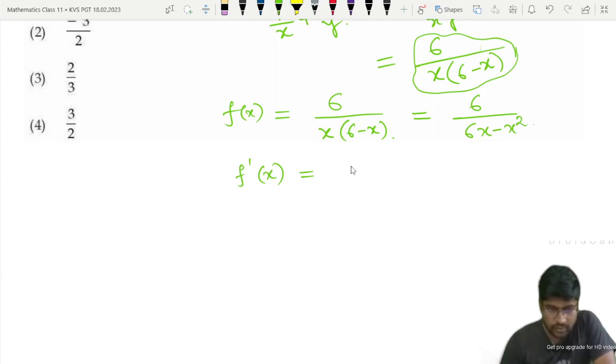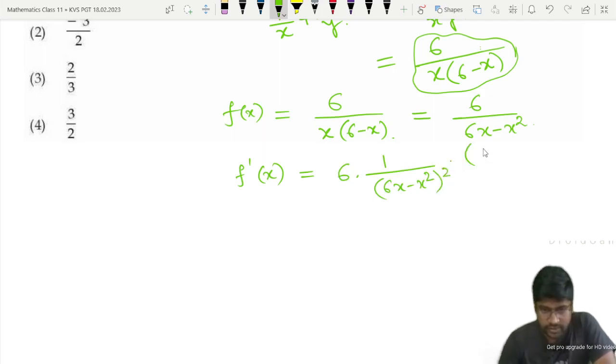It will be 6 into 1 divided by 6x minus x square whole square into the derivative of 6x minus x square. It is the chain rule of differentiation, you can say. That is 6 minus 2x. This is the derivative f dash x.